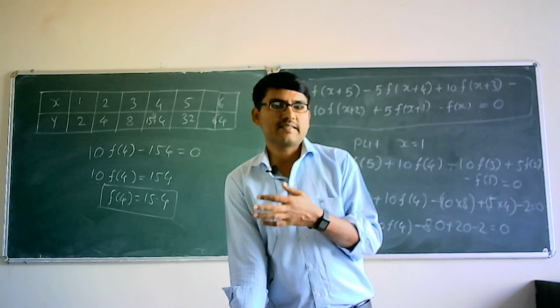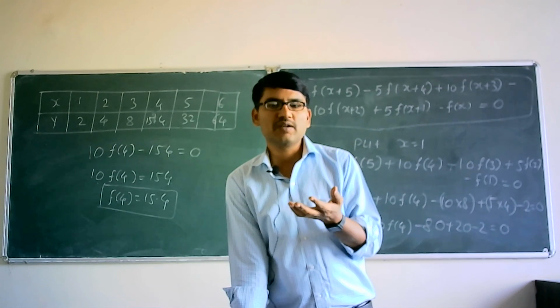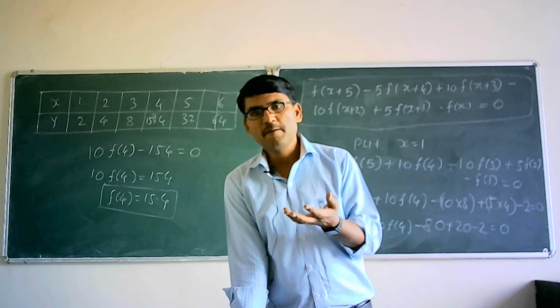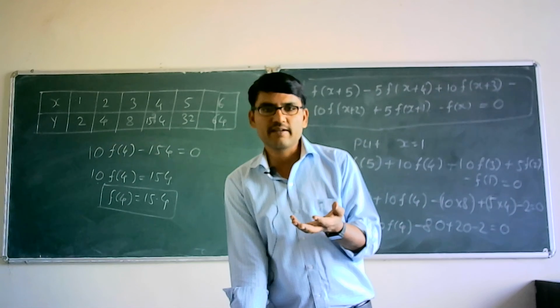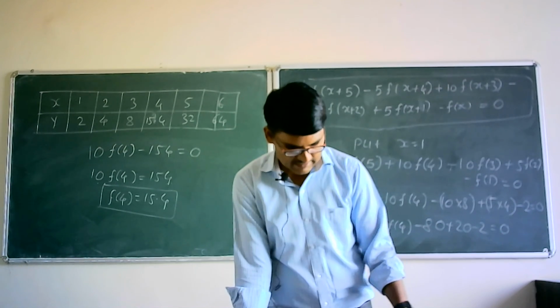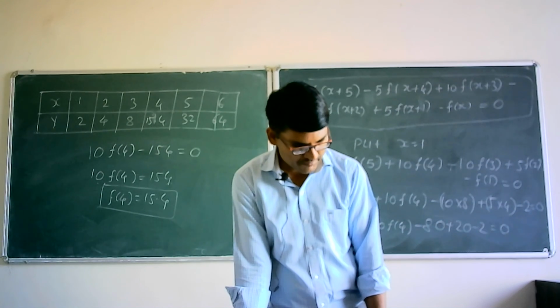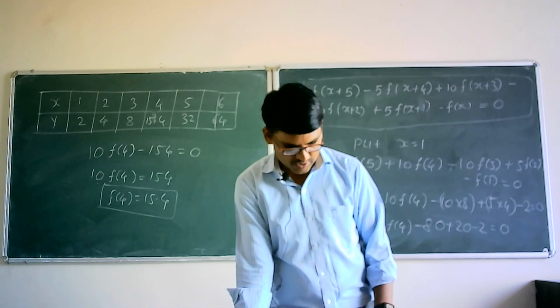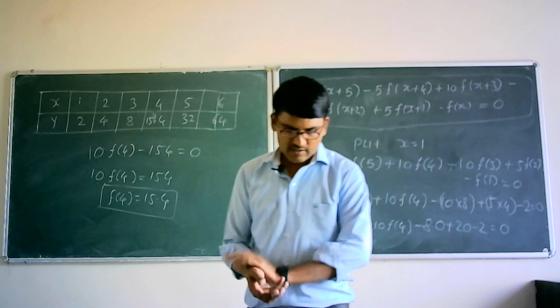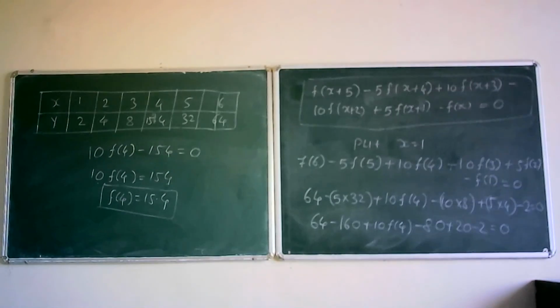It is not an exactly correct method, but an approximate method. There will be some error between the calculated value and the exact value. Our answer should have been 16, but we got 15.4. So I hope you understand how to determine a missing term.